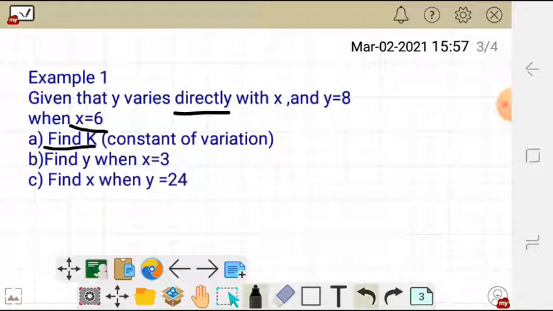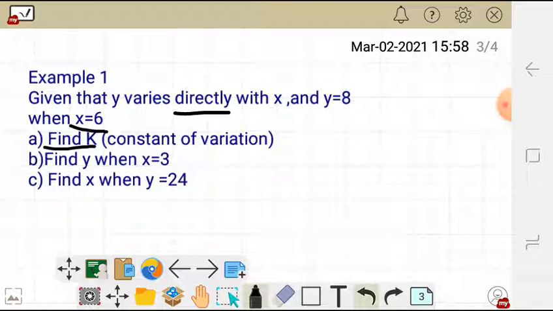In this case it says directly, so this question is for direct variation. (a) Find k, which is the constant of variation. (b) Find y when x is equal to 3. (c) Find x when y equals 24.